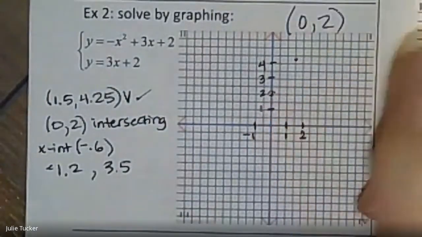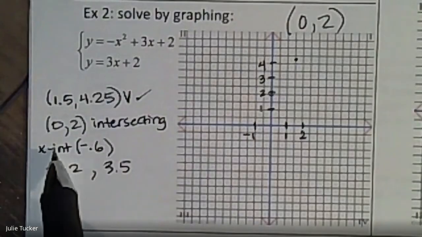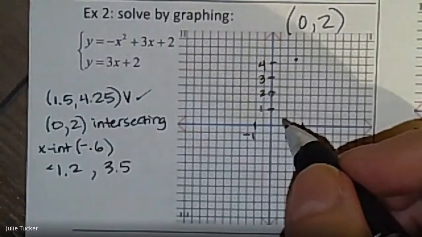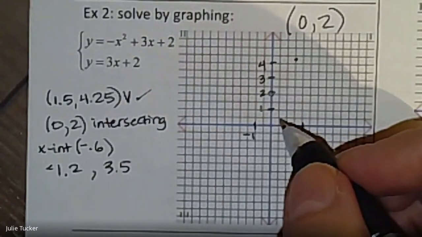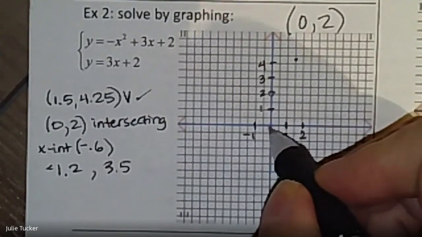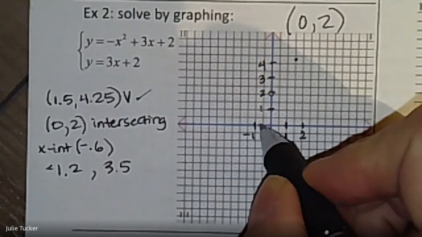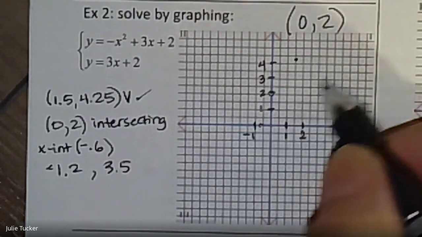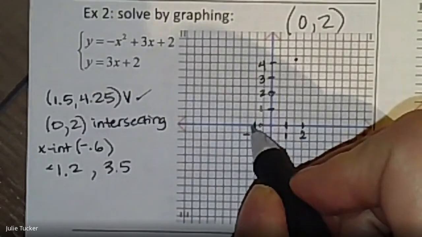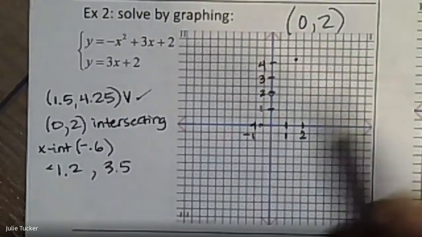0, 2 is the solution. I have here that I had an x-intercept of -0.6 for one of the things. So that's about right here. And the other one was here, and then 3.5.